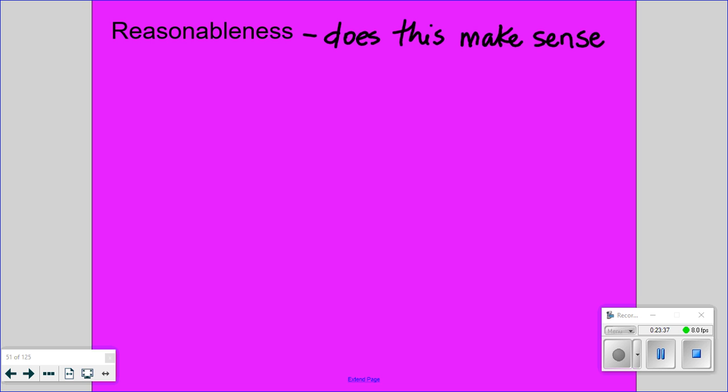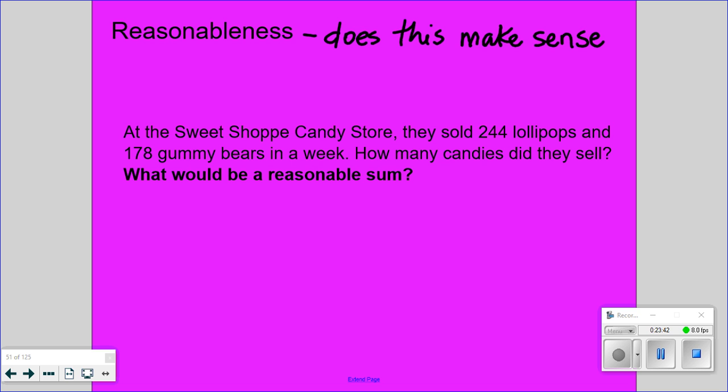Okay. So let's look at a problem that has this word in it. At the sweet shop candy store, they sold 244 lollipops and 178 gummy bears in a week. How many candies did they sell?